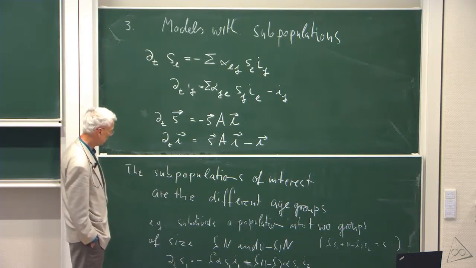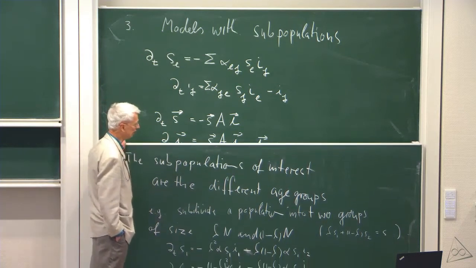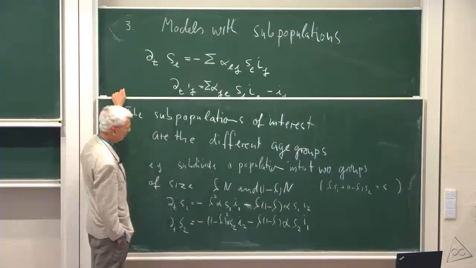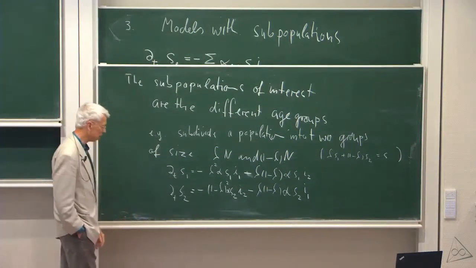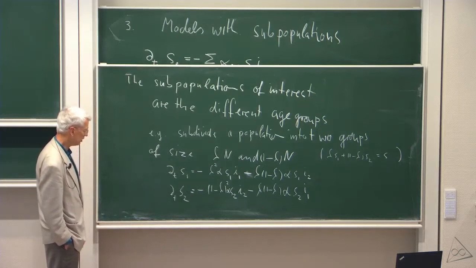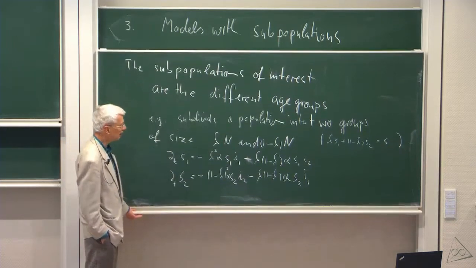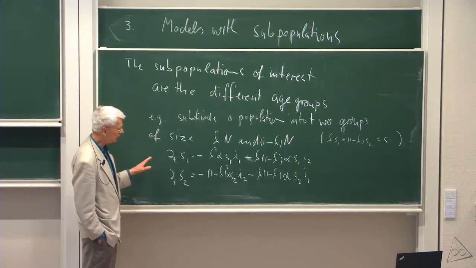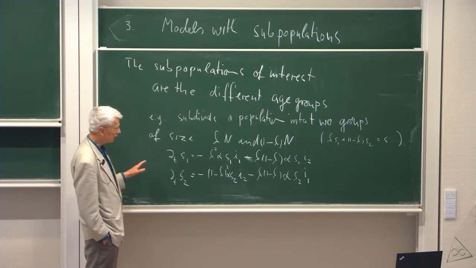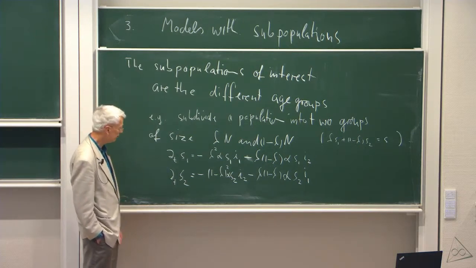formulas which I wrote down, but maybe I will explain a little bit in a much simpler model what is going to happen if you divide a population into two groups. Let's say, with respect to the mechanism of infection, in this case, the population is homogeneous.